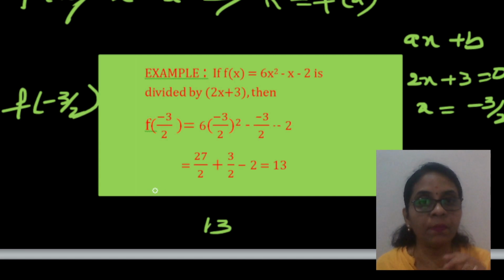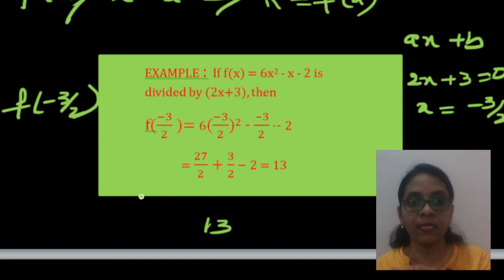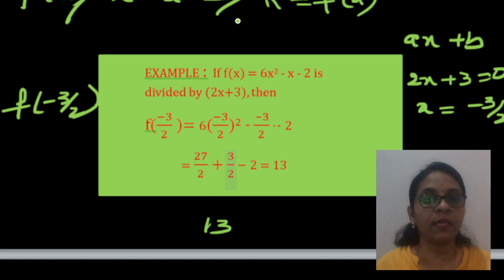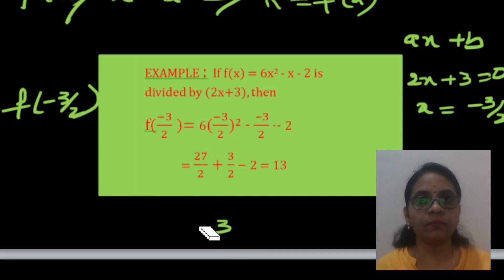So what is remainder theorem? Let us recap quickly that if a given polynomial is divided by x minus a, then the remainder is f of a. This is the statement of remainder theorem. And when you are doing a sum, children, and if you are applying it, how do you write?